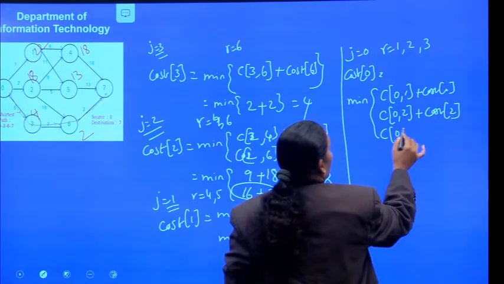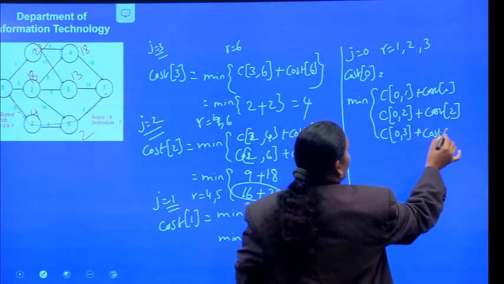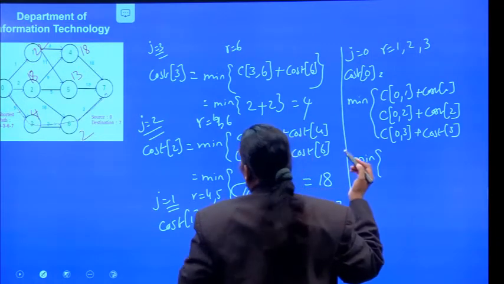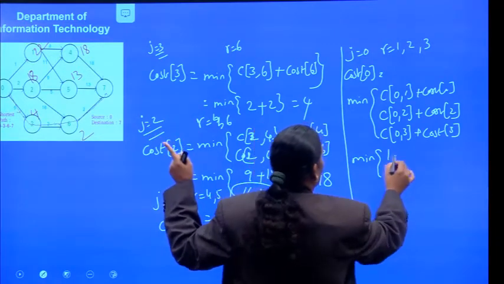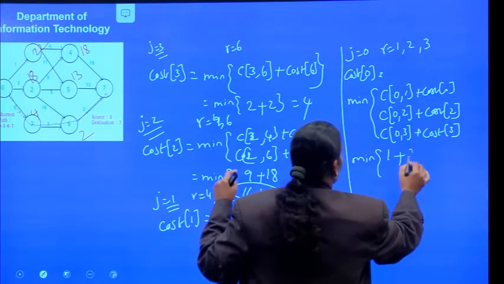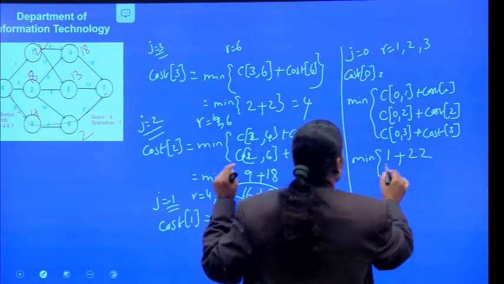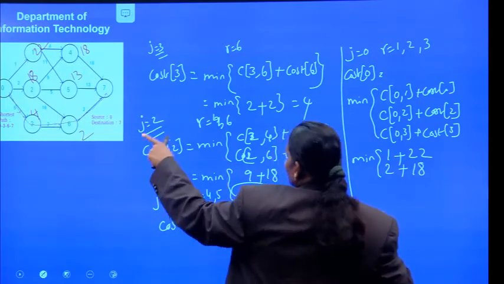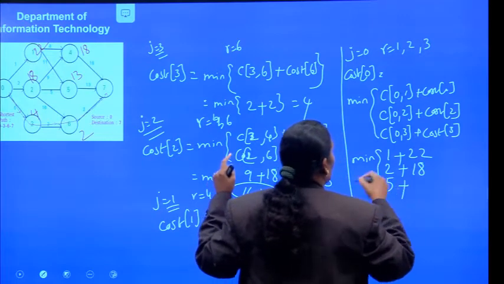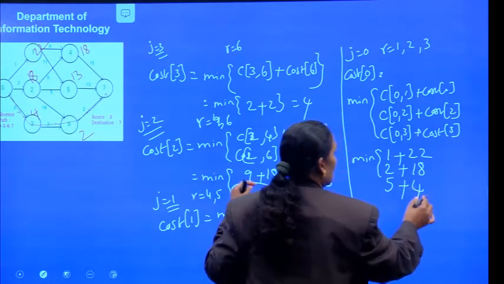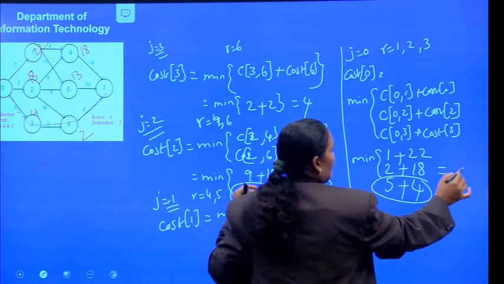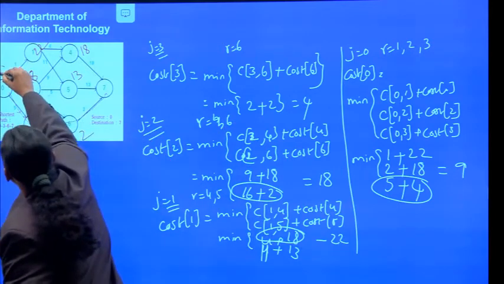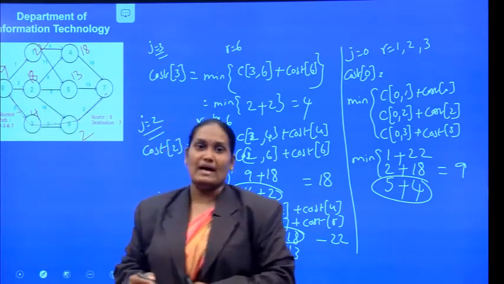C of 0, 3 plus cost of 3. Now what is the value? Minimum of C of 0, 1, which is 1 plus cost of 1, which is 22. C of 0, 2 is 2 plus cost of 2, which is 18. C of 0, 3 is 5 plus cost of 3, which is 4. So out of these 3, 5 plus 4, 9 is the minimum. So I found the cost of 0 as 9.